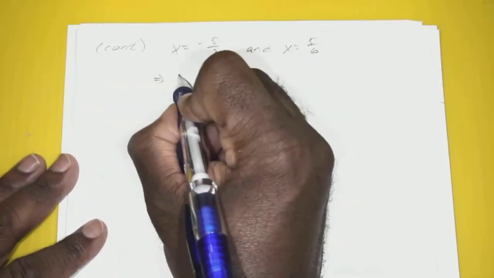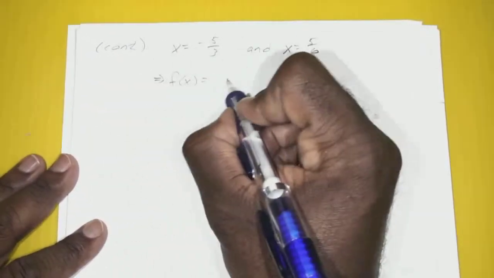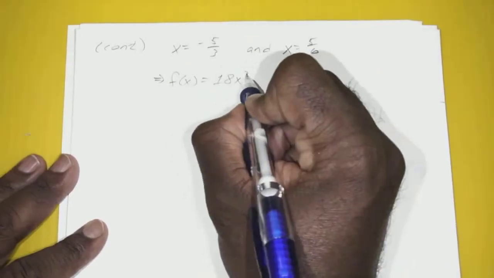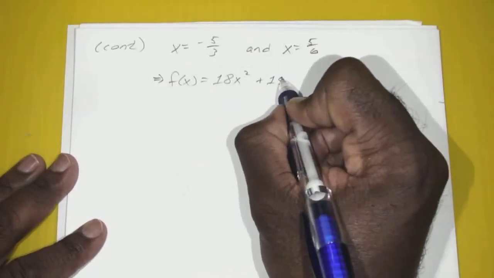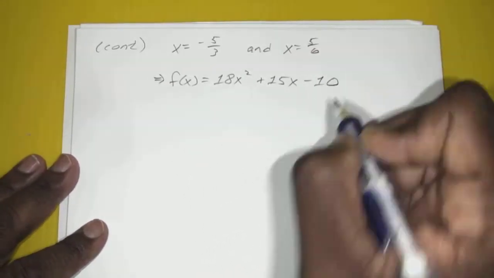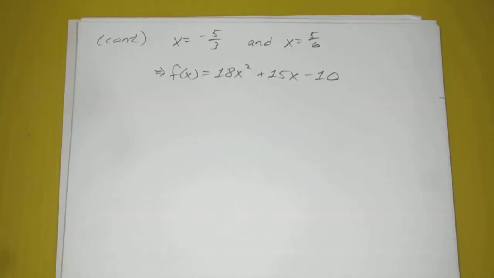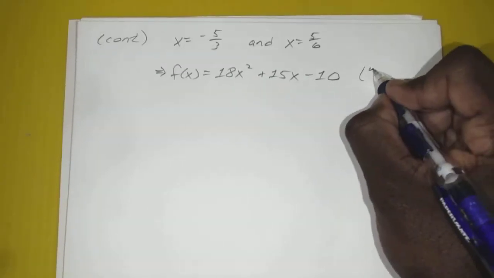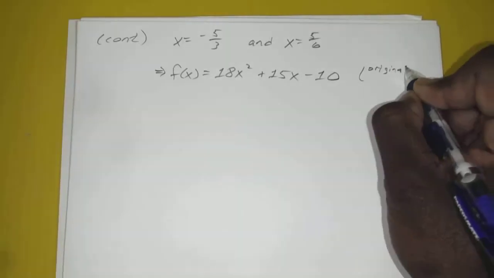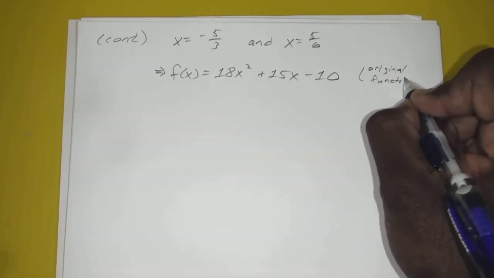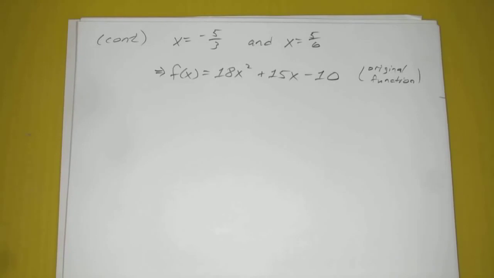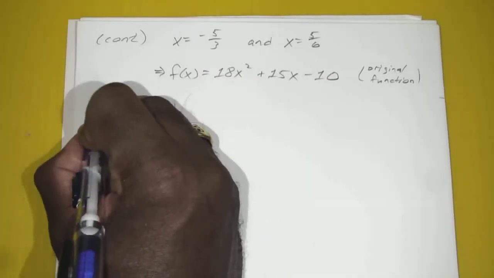And we have our original equation of f of x equals 18x squared plus 15x minus 10. Our original function. Okay, so now we just plug them both in.